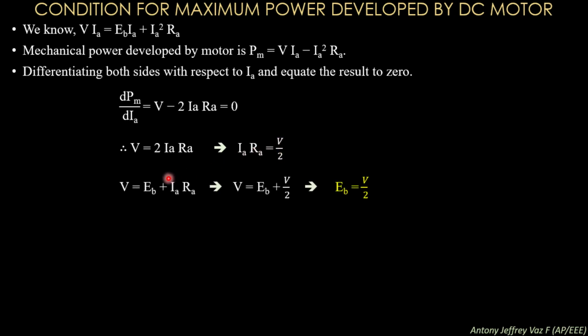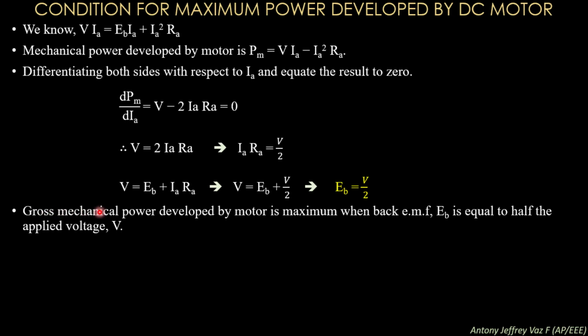Next we are going to substitute in the general motor equation V is equal to Eb plus IaRa. Now we substitute IaRa is equal to V by 2 here. So you get V is equal to Eb plus V by 2. So Eb, that is the back EMF, is equal to V by 2.